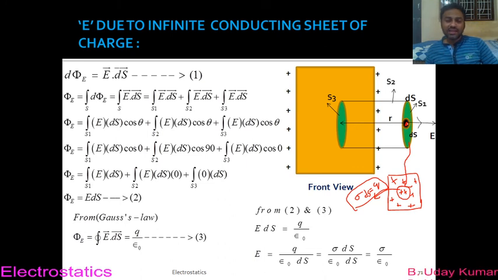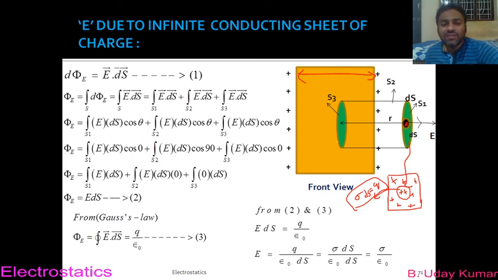We are saying it is just outside the conductor because half of the cylinder is lying outside and half of the cylinder is lying inside the conductor, right? But its thickness will be very small in general. Though it is small, half of the cylinder is lying inside the conductor. It means that the cylinder height is very small.